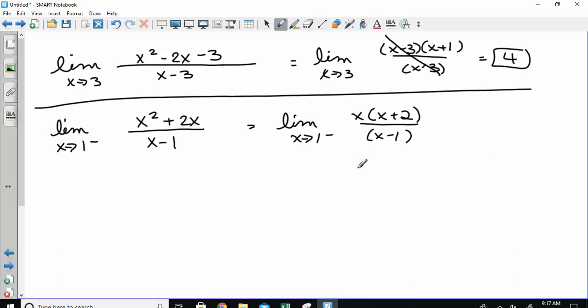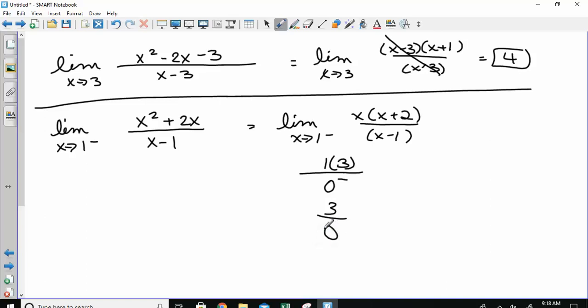I know if I plug in the top, I get 1 times 1 plus 2 is 3. On the bottom, 1 minus 1 is 0. But you are approaching from the left, so you are putting in something smaller than 1. So something smaller than 1 minus 1, would that be positive or negative? Negative.